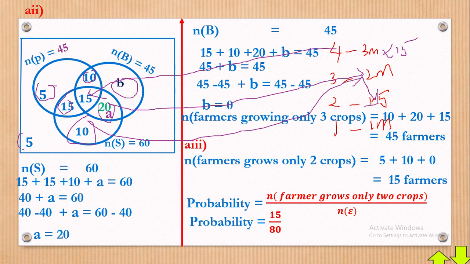Then 1 crop is this one outside, the one who grows rice only, times that 1 million.